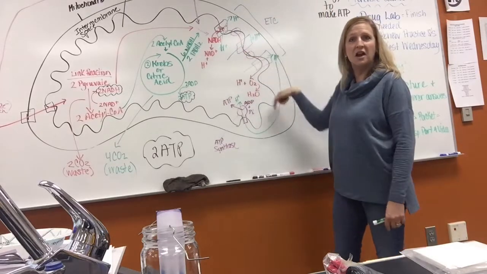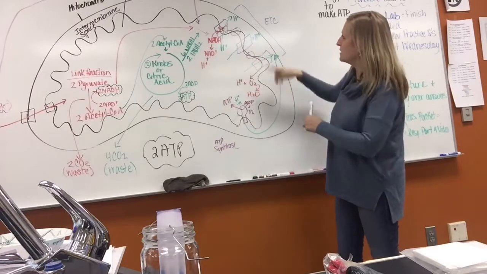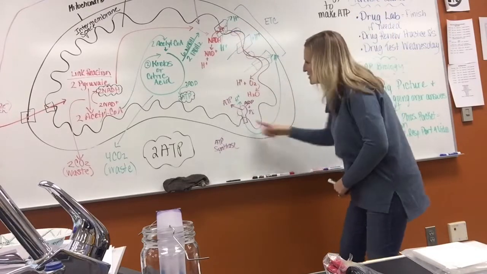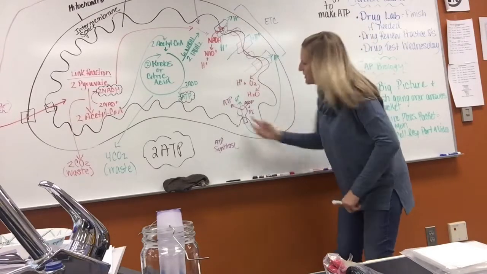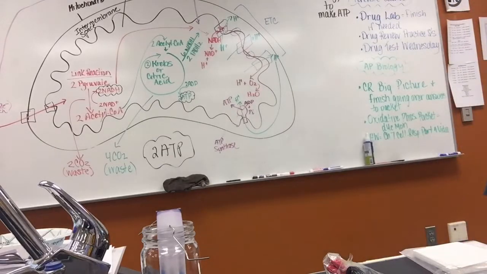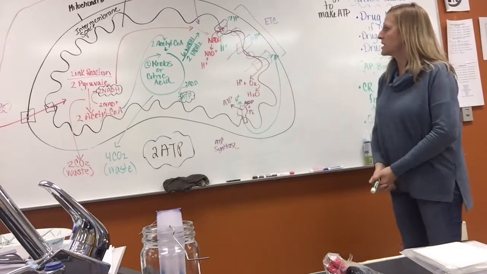You see that? Each NADH drops off the electrons, pumps 1, 2, 3 H pluses. So 1, 2, 3 H pluses diffuse through, 3 ATPs are made. I talked about that in the notes, that 1 NADH makes 3 ATP.